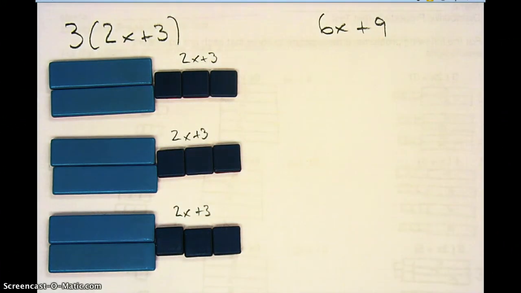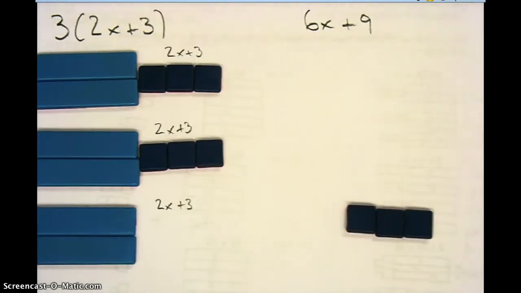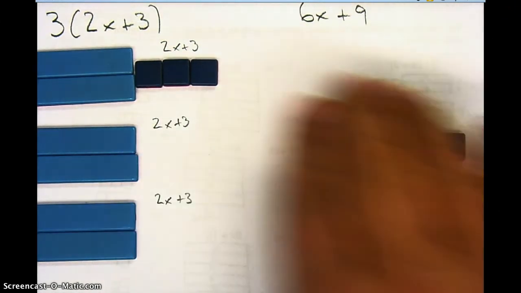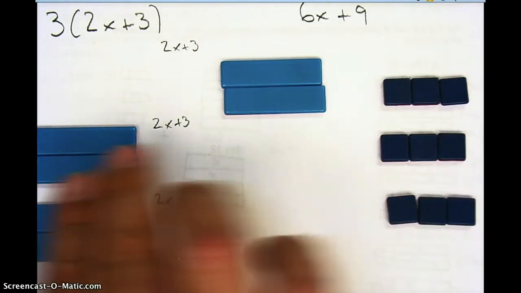The way I'm going to do that is separate my x's and my 1's. So let's move all of my 1's over here. There's those 3. And then let's move my x's over here.